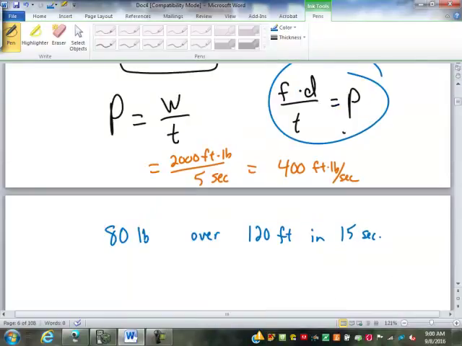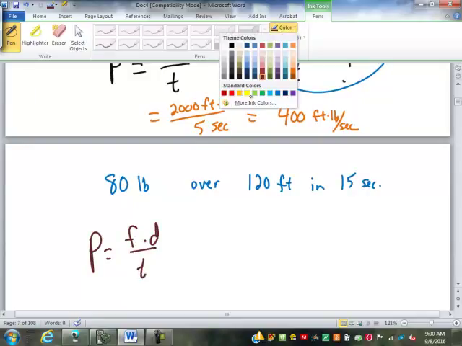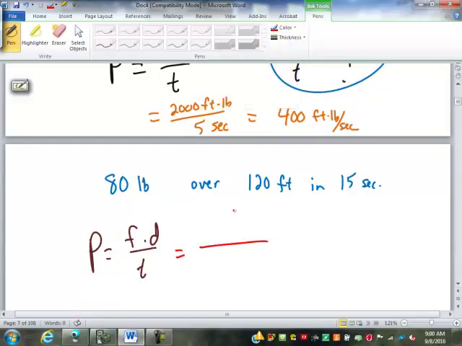Okay, so we put this in our formula. Our formula, power equals force times distance over time. What goes in for F? 80 pounds. What goes in for D? 120 feet. And for T? 15 seconds. So we have to multiply on top first. 80 times 120 is 9,600.